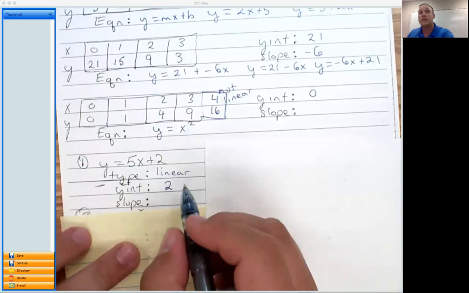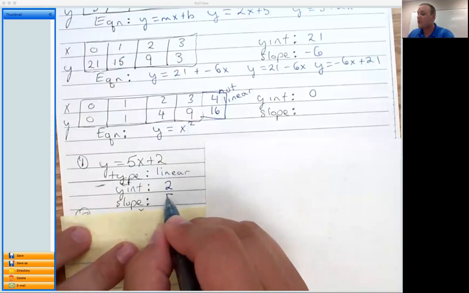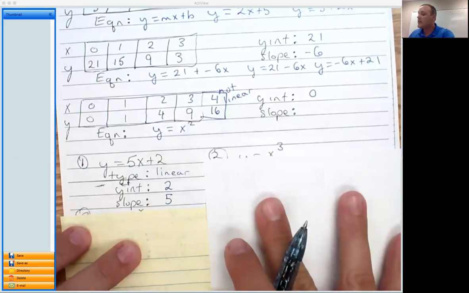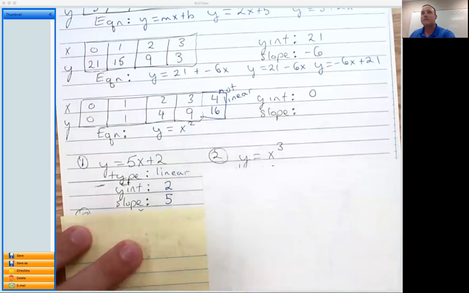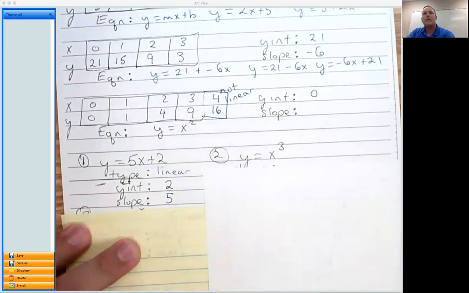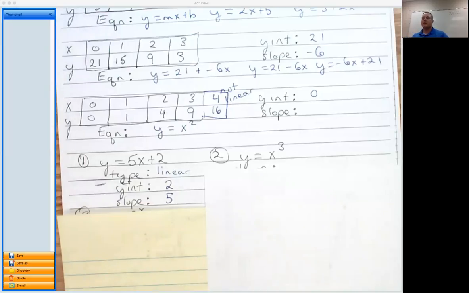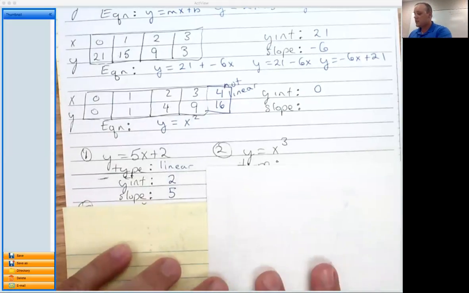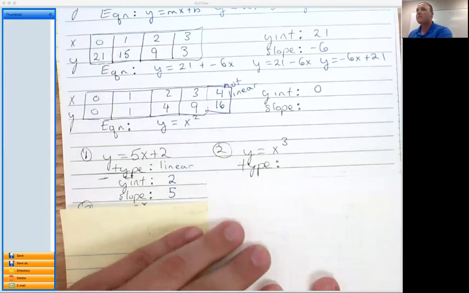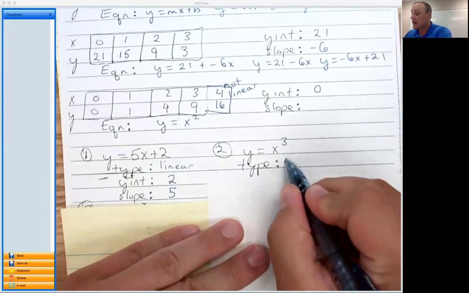And our slope is 5. Wonderful. Okay, same directions right here. 15 seconds of think time. Go. 5, 4, 3, 2, 1. What type of equation is this? Does anyone know? This is nonlinear. I agree.